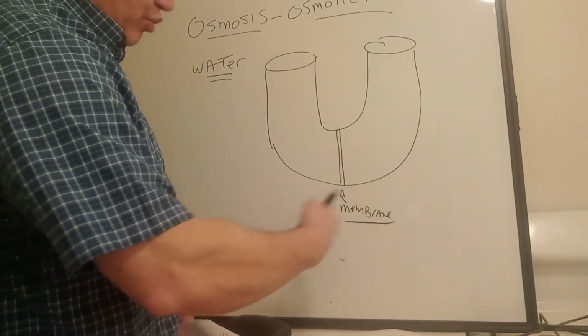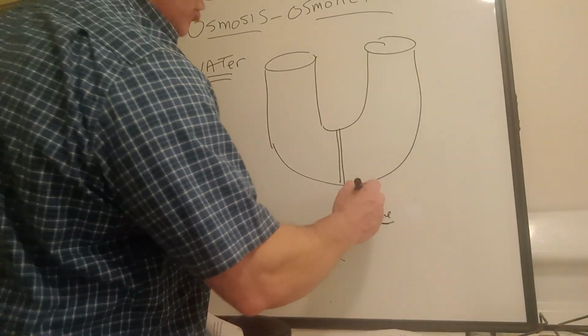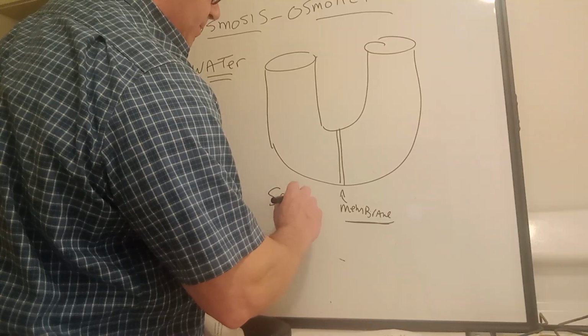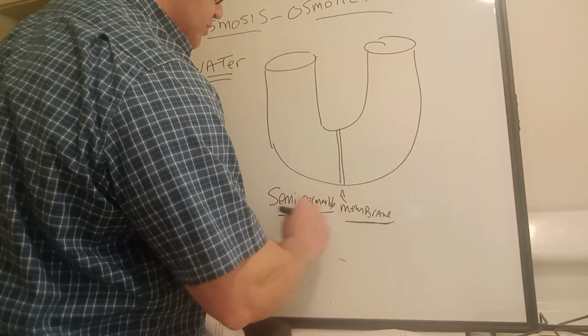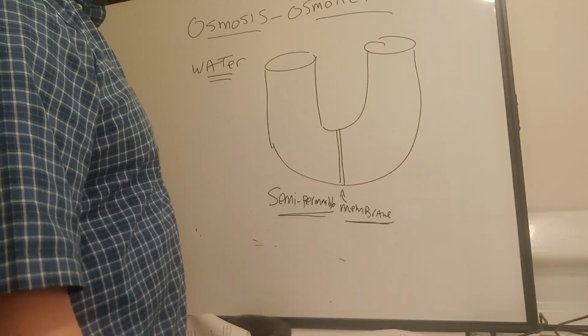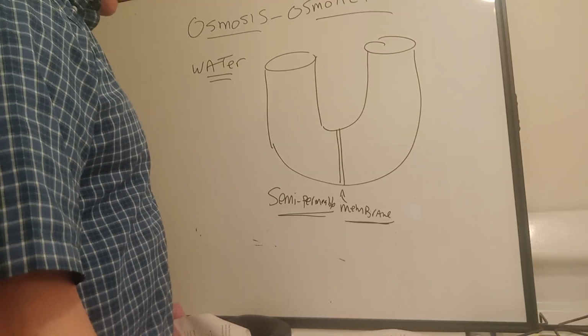It's either one or different types, depending on the type of membrane. So this is typically called a semi-permeable membrane. It's permeable to water with no or limited permeability to solutes, or at least a limited class of solutes.